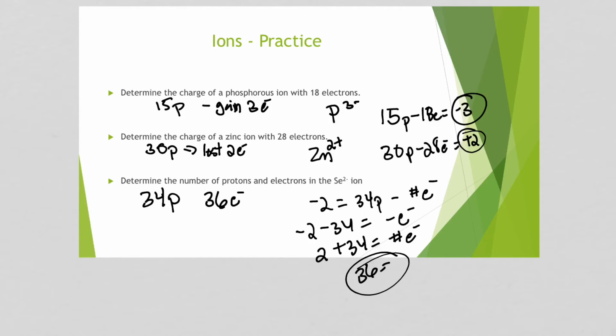However you want to think about it, we need to understand that the negative 2 charge tells me that I have 2 extra electrons here.